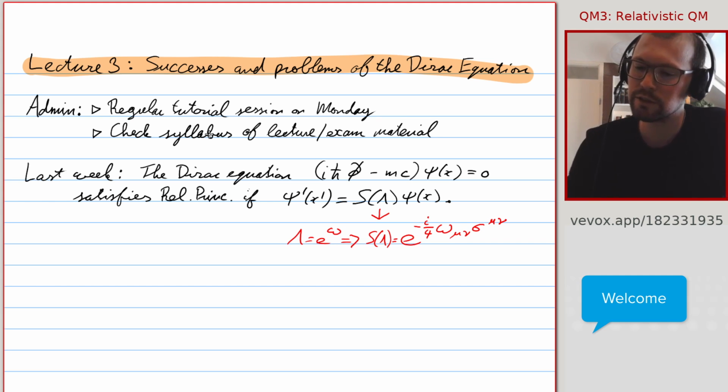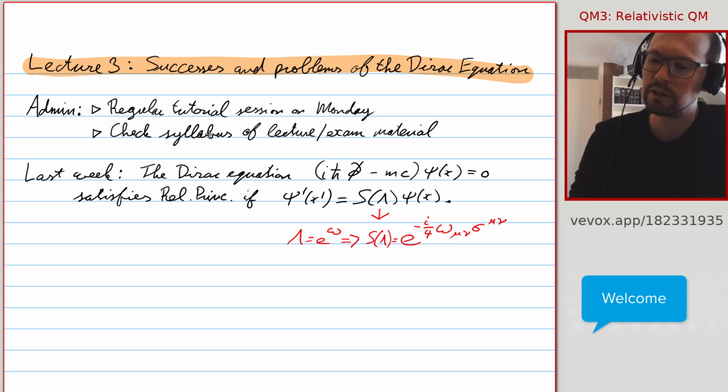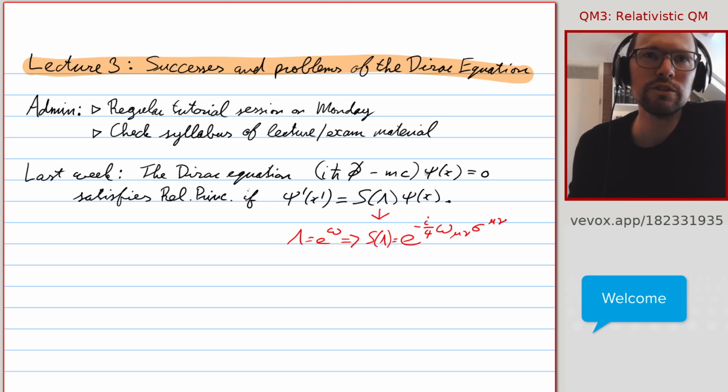So what did we do last week? I introduced the Dirac equation, which I've copied here. We introduced this nice slash notation for the four-derivative, such that we can easily write down the equation for psi, which is this Dirac spinor, so it has four components.